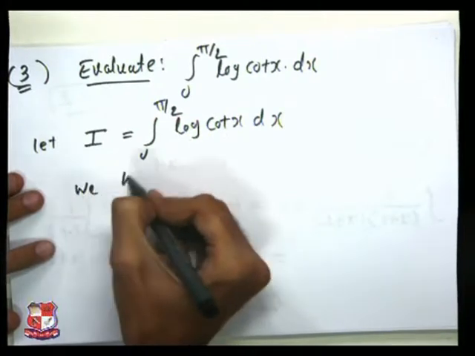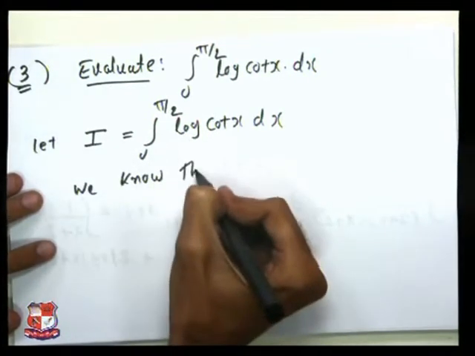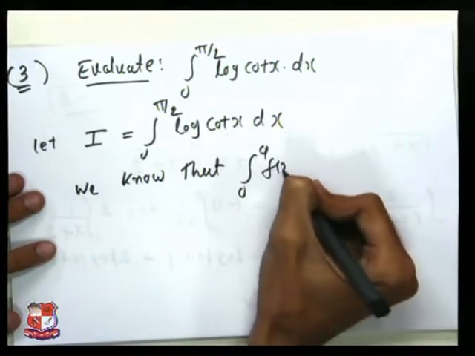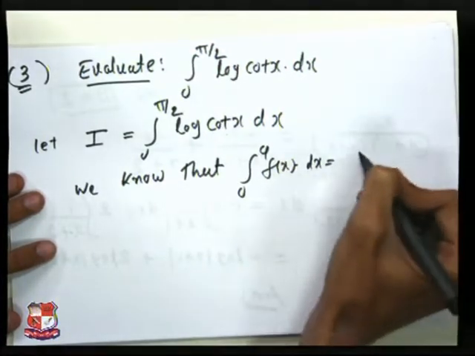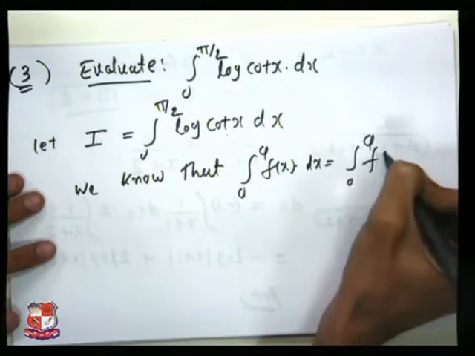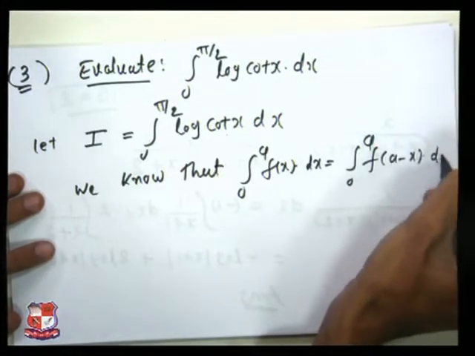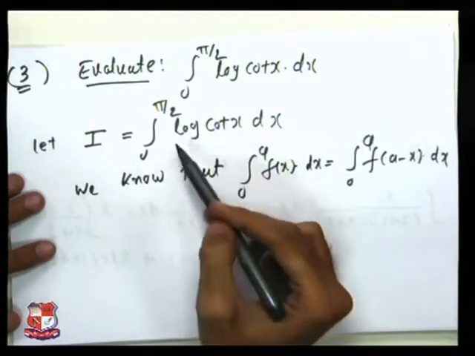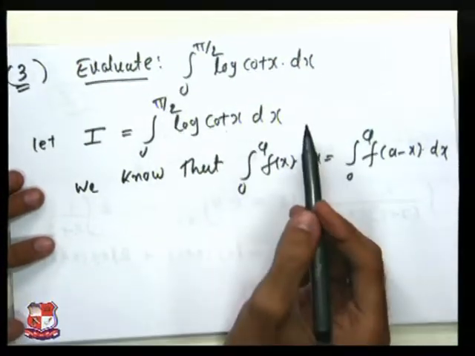We know that by theorem, integral 0 to a of f(x) dx is equal to integral 0 to a of f(a minus x) dx. So here in this case f(x) is equal to log cot x and a is equal to pi by 2.